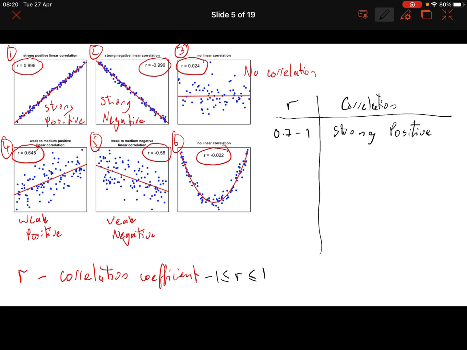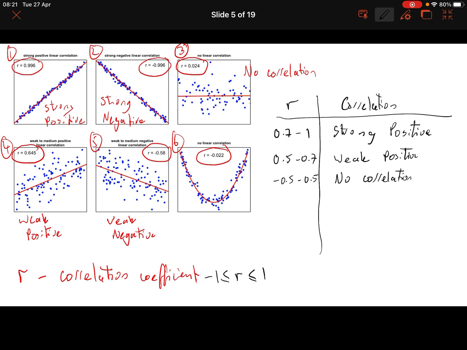Anything that's, say, between 0.5 to 0.7, we might class as a weak positive correlation. Anything between minus 0.5 and 0.5, I would say is no correlation. There's no link between the two of them.